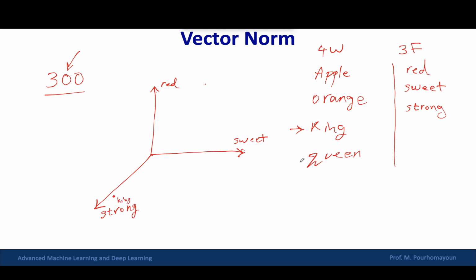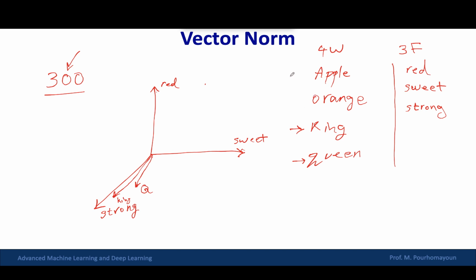For queen, we almost have the same thing. Maybe it's a little sweeter than king, but the power is less. So maybe queen is somewhere around here. Okay, so this is a vector. This is king. This vector will be queen.